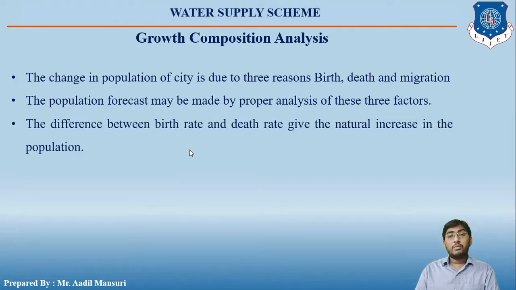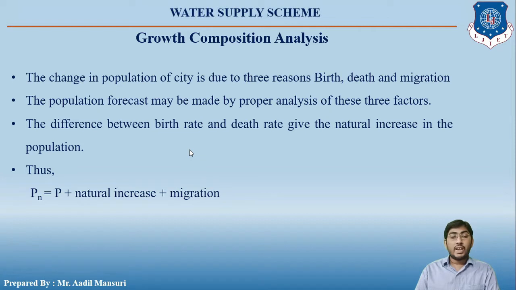The difference between birth rate and death rate gives the natural increase in population. Thus, we can say that Pn will be equal to P plus natural increase plus migration, right?